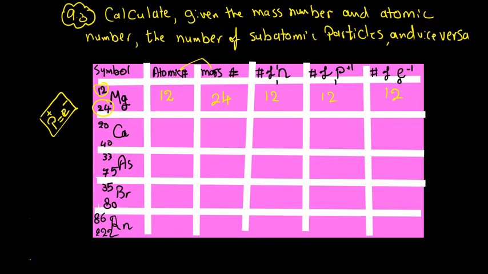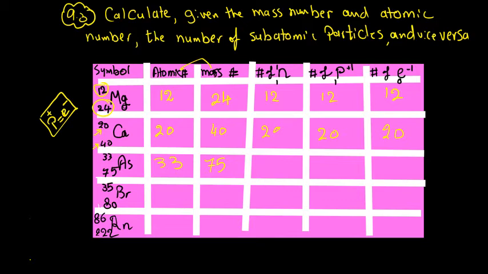Calcium, 20 and 40. Atomic number is the small number, 20, the mass number is 40, the number of neutrons is 40 minus 20. Number of protons equals the atomic number, and the number of electrons also equals the atomic number. Here, arsenic, 33 and 75. Atomic number 33, mass number 75.